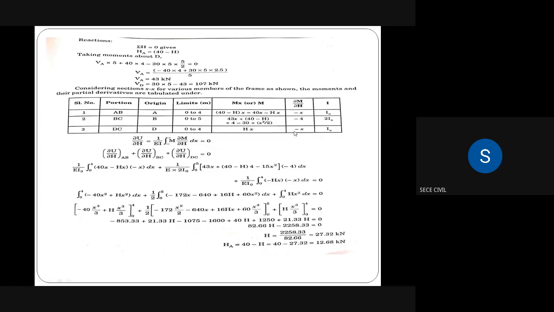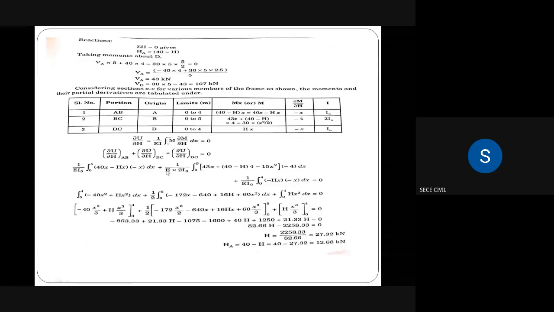So after calculating Mx and dou M by dou H, we are substituting in the equation: dou U by dou H is equal to 1 by EI integration of M dou M by dou H dx is equal to 0. First we are substituting in span AB. For span AB, the limit is 0 to 4, Mx value is 40x minus hx, into minus x, dx.